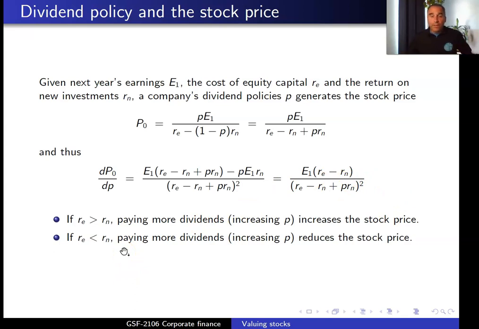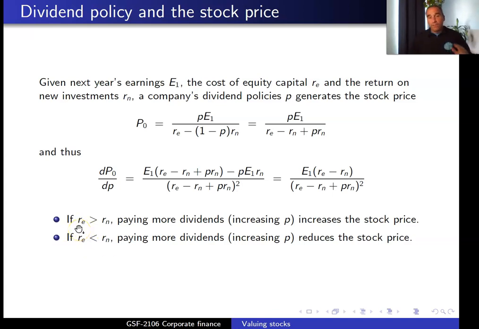So if the return demanded by stock investors is larger than the return on projects available to the firm, paying more dividends will increase the stock price. If the return demanded by stock investors is smaller than the return on new projects, paying more dividends reduces the stock price. So this is simple.